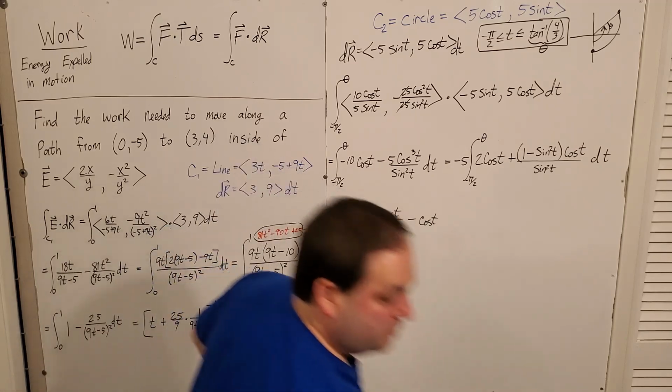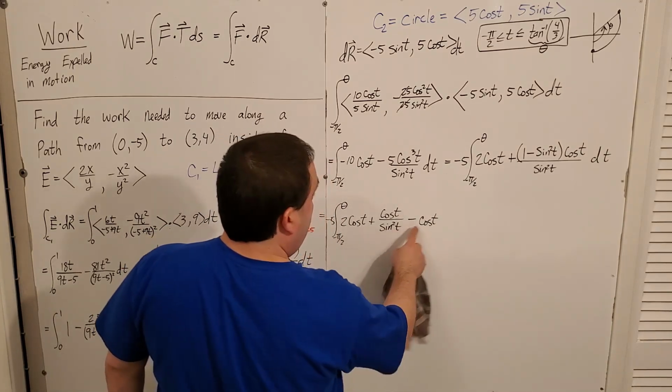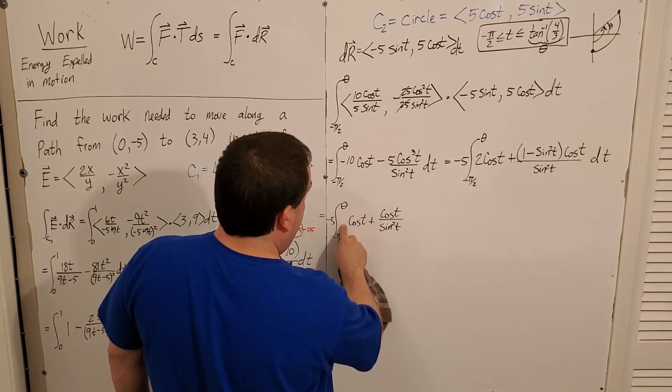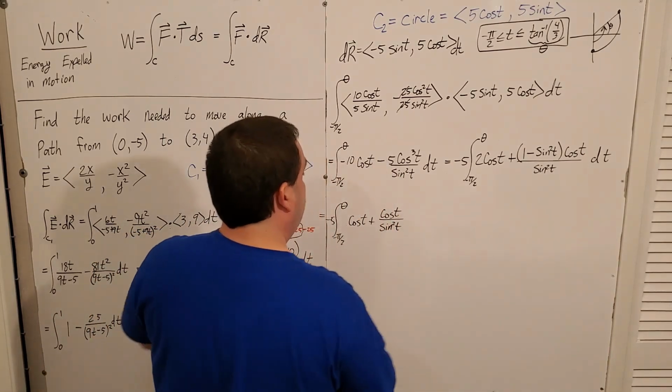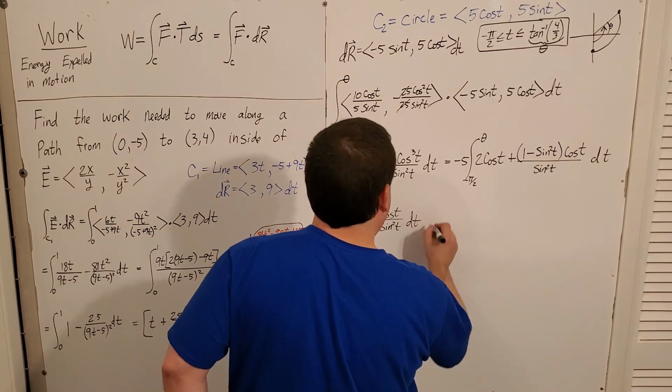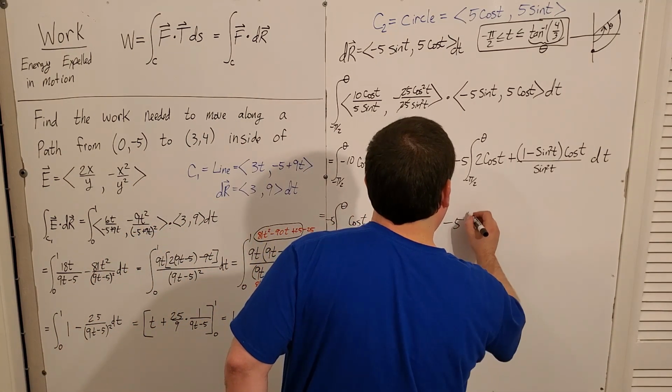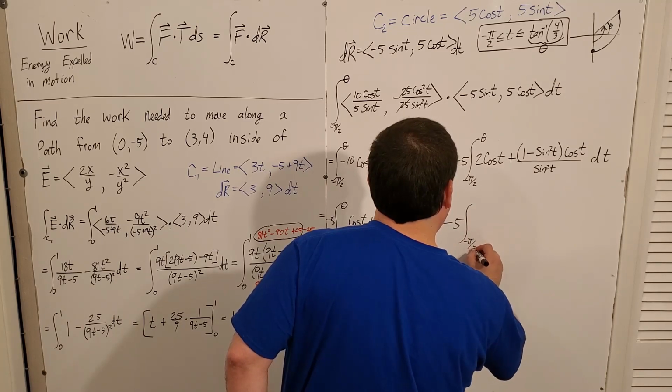It's just minus cosine t, so then I'm just going to have one of those here, dt. All right, so -5 integral -pi/2 to theta.